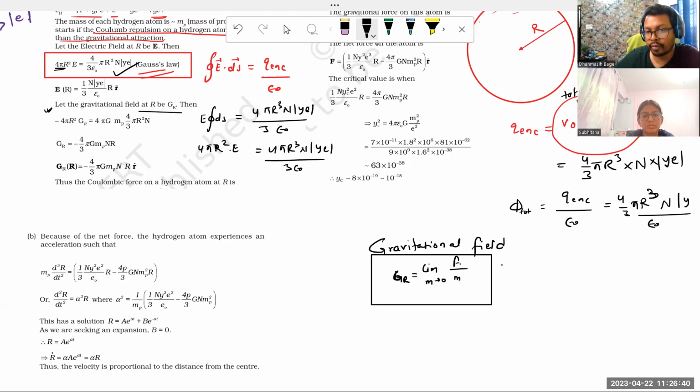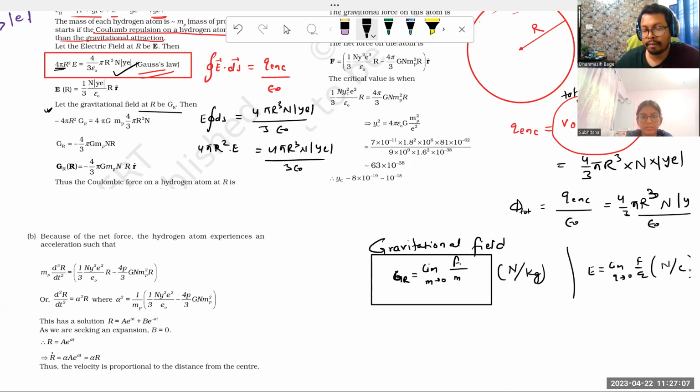Force per unit mass, and what is the unit of this? Newton per kg is the unit of gravitational field. Just like electric field is what? Limit q tends to 0, F by q, right? This is Newton per coulomb. So here, instead of a charge, there is mass.